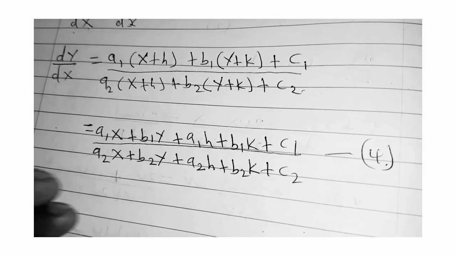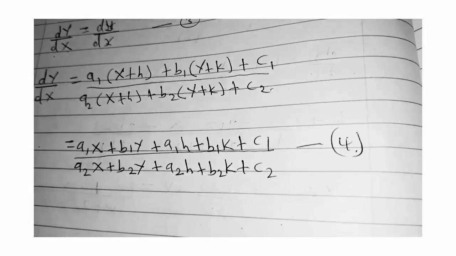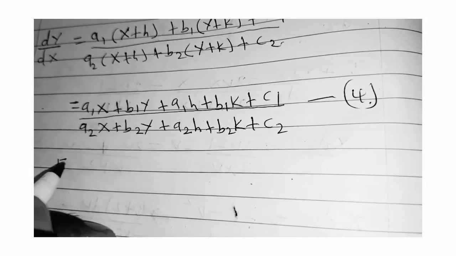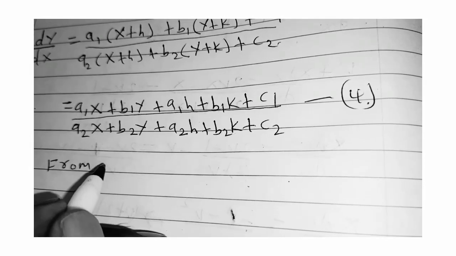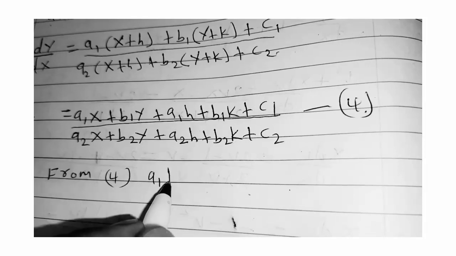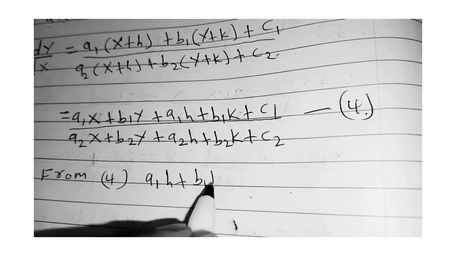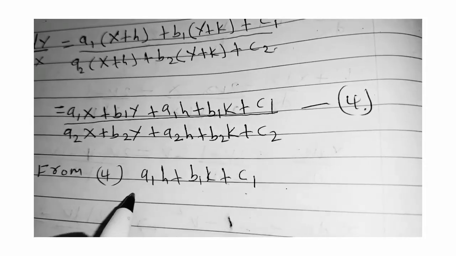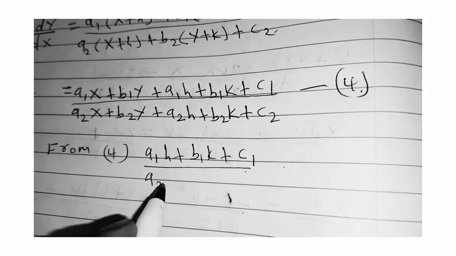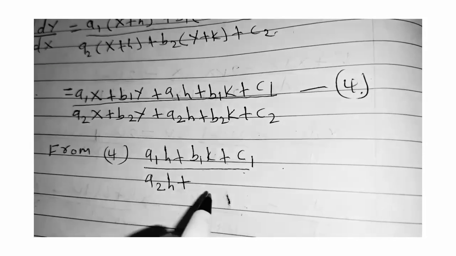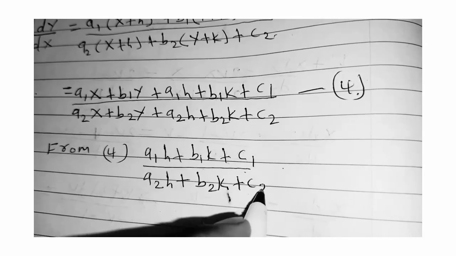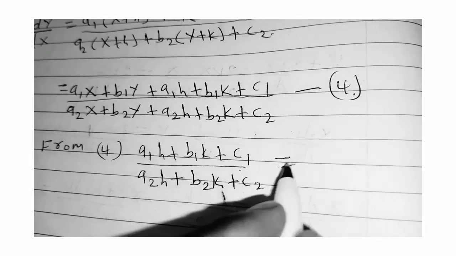Now, in order for our equation to be solved, it implies from equation 4 that a1 h plus b1 k plus c1, and a2 h plus b2 k plus constant c2, are each equal to 0.